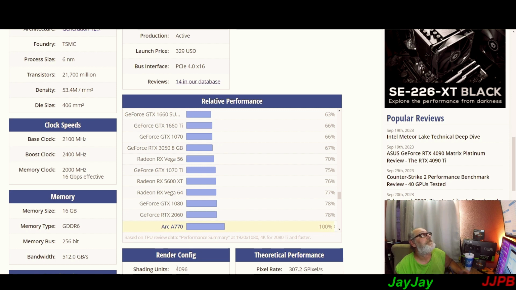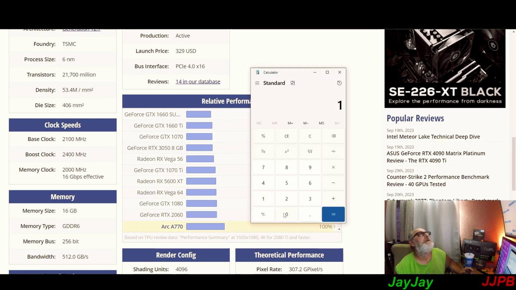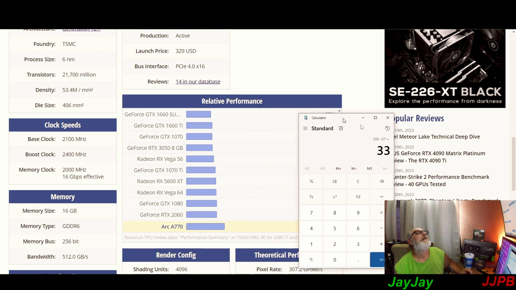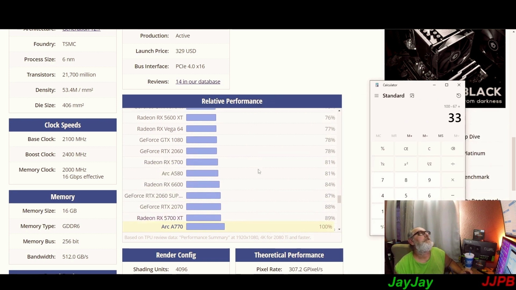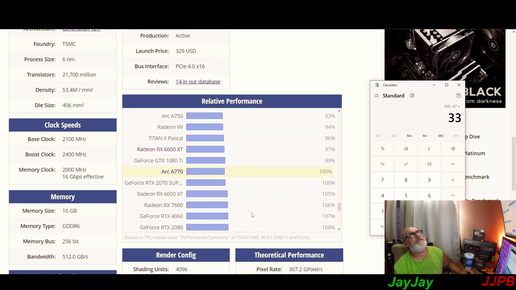Alrighty. So let's say 100 minus 67. There. For the same price of an A770, the 3050 8 gigabyte is 33% slower than the Arc A770 for the same price of $200.